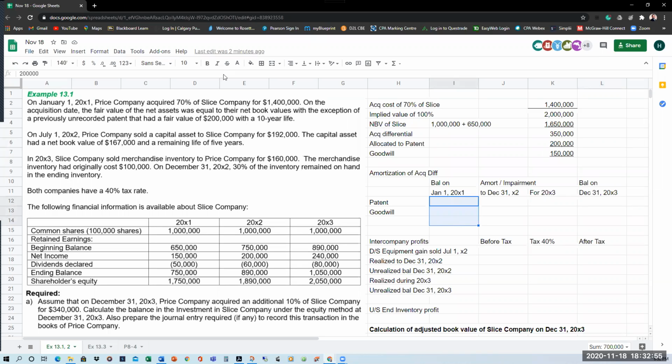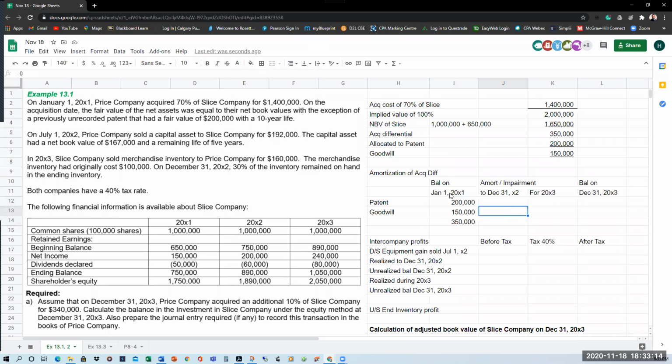So beginning with the fair value differences. Now, goodwill, there's no word about there being any goodwill impairment, but the patent, 200,000 divided by 10 each year, $20,000 would get amortized.